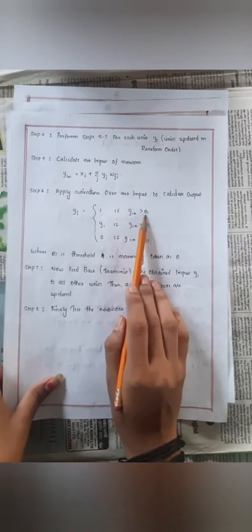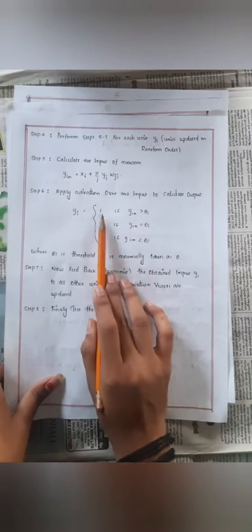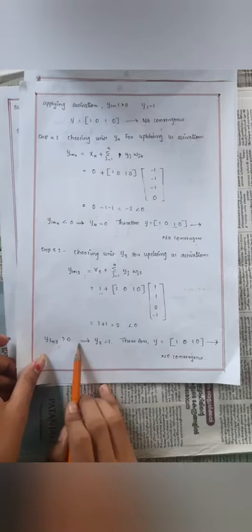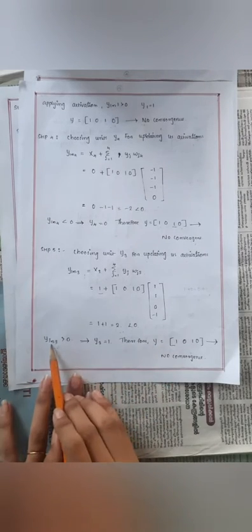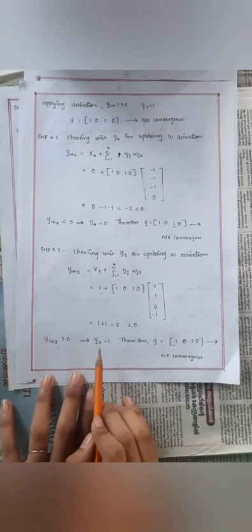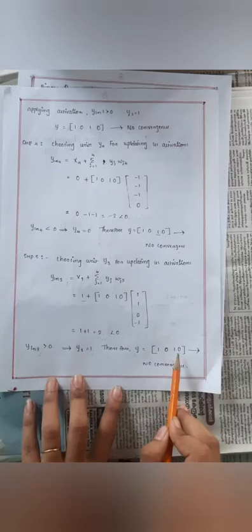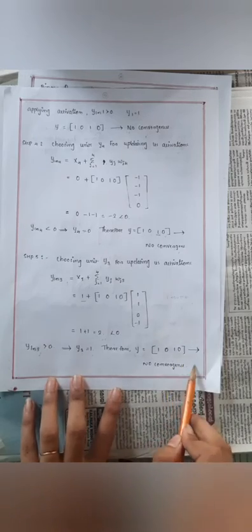By the algorithm, if y_in is greater than 0, the value of y is equal to 1. So the value of y becomes 1. That is, y_in3 is greater than 0, so the value of y3 is equal to 1. So we write the new matrix as y is equal to 1 0 1 0. This is not convergence, because our binary representation value is 1 1 1 0. So we go through the next step.